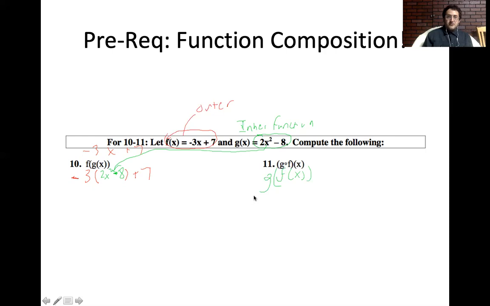So what I would do in this case is I got 2 times the x squared minus 8, and I'm going to put the actual f of x in. My f of x is -3x plus 7.